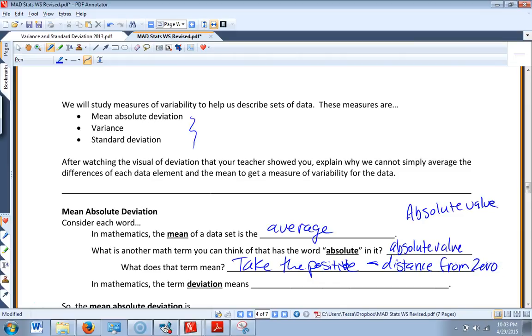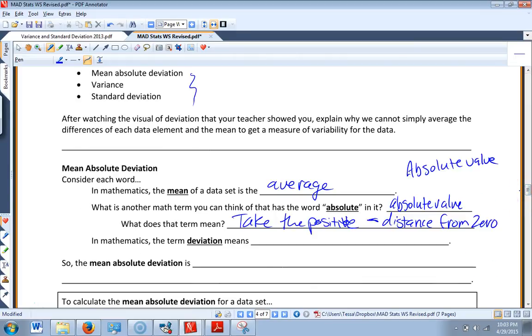And we're only talking about positive distance from 0. So -2 is actually only 2 away from 0 is what that's saying, okay? So then the term deviation means the distance from the mean. So these are some terms we've already defined gone back over, okay?